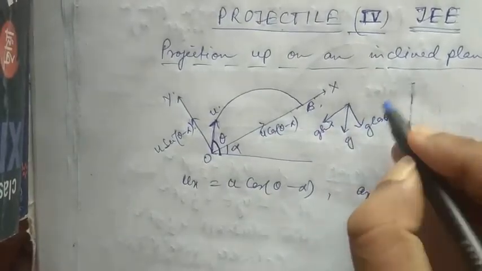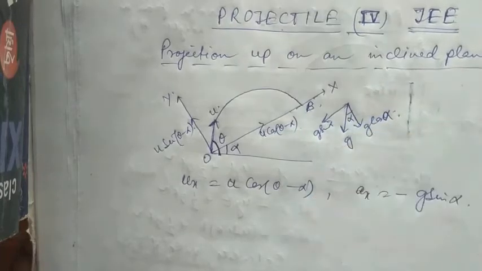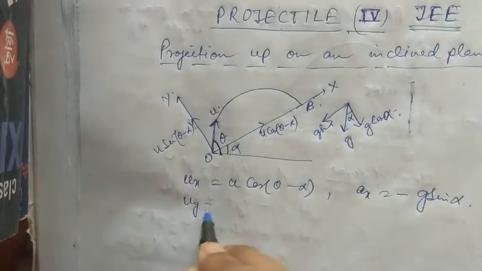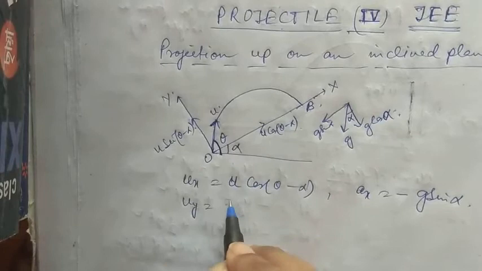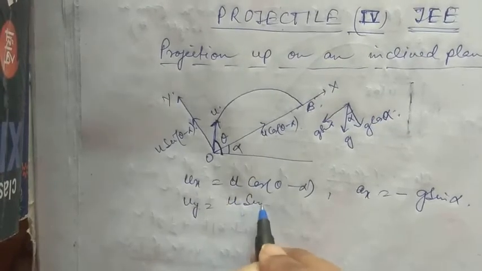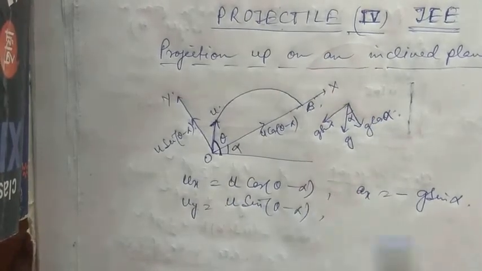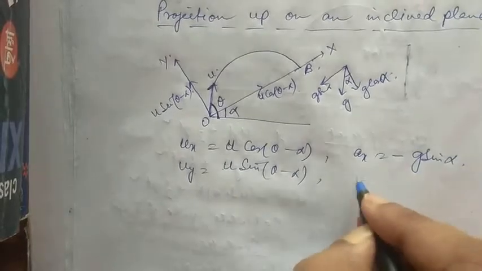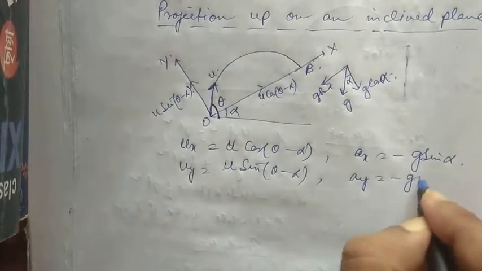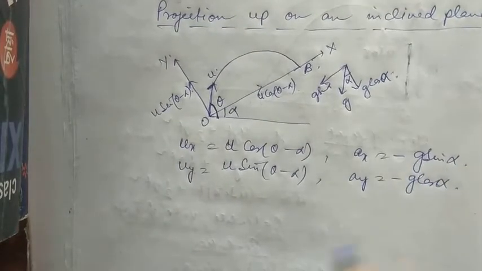So this is alpha. Now uy is u sine of theta minus alpha and ay is equal to minus g cos alpha.